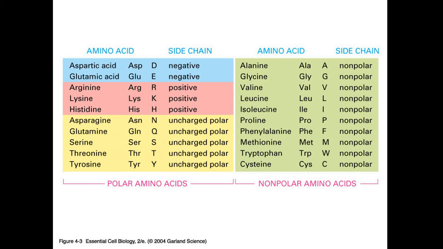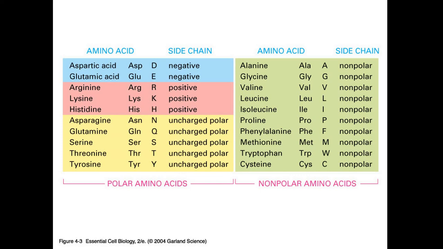These are the amino acids which contain the aromatic moiety, the ring structure. And there are other amino acids which contain the aliphatic chain: alanine, glycine, valine, leucine, isoleucine. These are called non-polar amino acids.